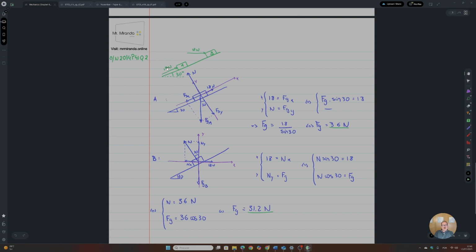Although this is not technically correct, the point of application of a force is not always in the center of the object. In mechanics, you can always treat objects as point masses, all right? I like to keep them as objects with dimensions for you to have a perception that this is something that comes from the real world, but you could nonetheless represent the box as a single point. And if it was a point, all forces would be applied in the same place, okay?